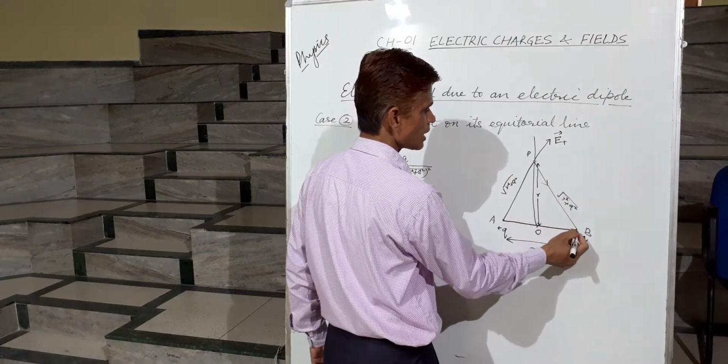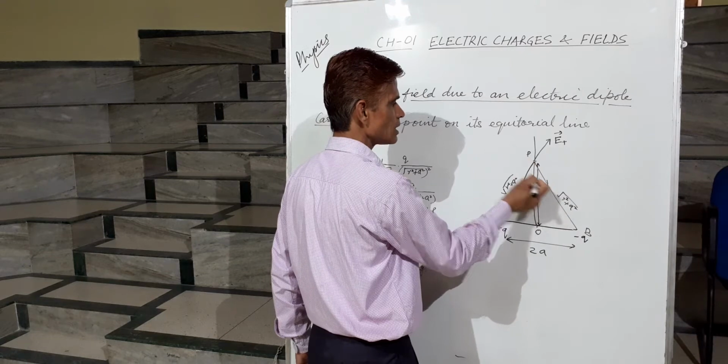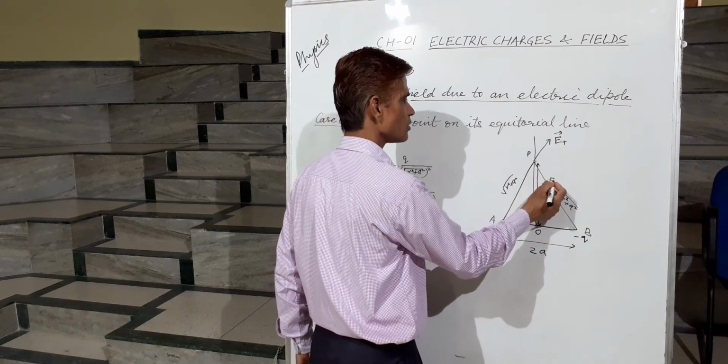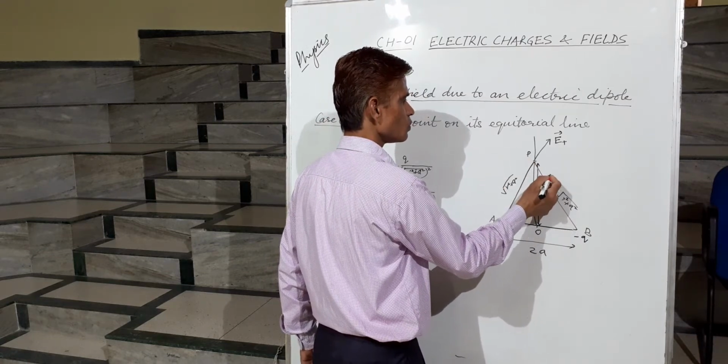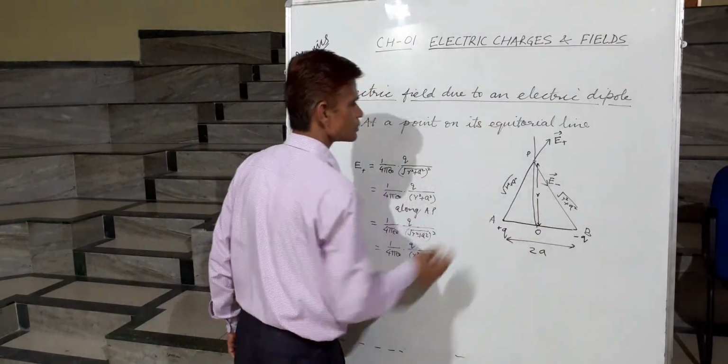Why? Because you know that for a negative charge, the electric field is directed towards the charge. So this is the direction of vector E minus, the electric field due to the negative charge.